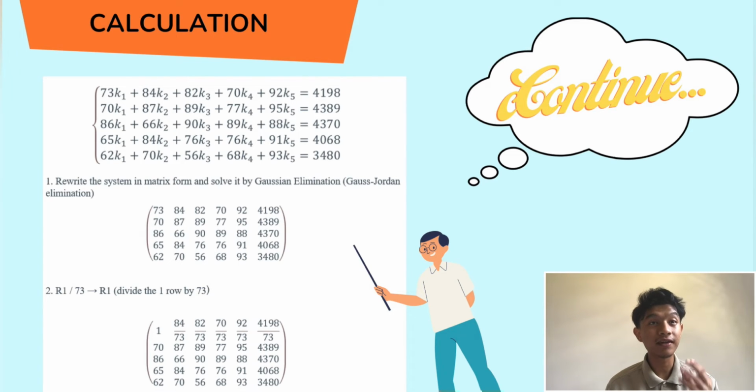Because we want to make 73 equal to 1, because 73 divided by 73 is equal to 1. And we divide all of the row by 73, which is 84 over 73, 82 over 73, 70 over 73, 92 over 73, and 4198 divided by 73.